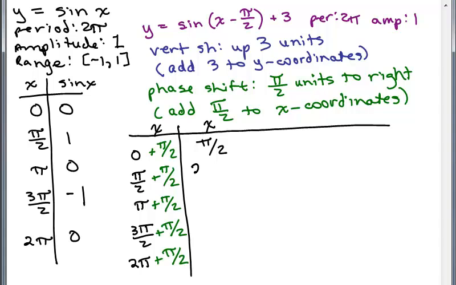I'm going to leave it as 2 pi over 2, because if you have a common denominator, it's going to be easier to graph these ordered pairs. Then we have pi plus pi over 2. You could get a common denominator here by multiplying pi by 2 over 2, and then that gives you in the numerator 2 pi plus pi, which is 3 pi over 2.